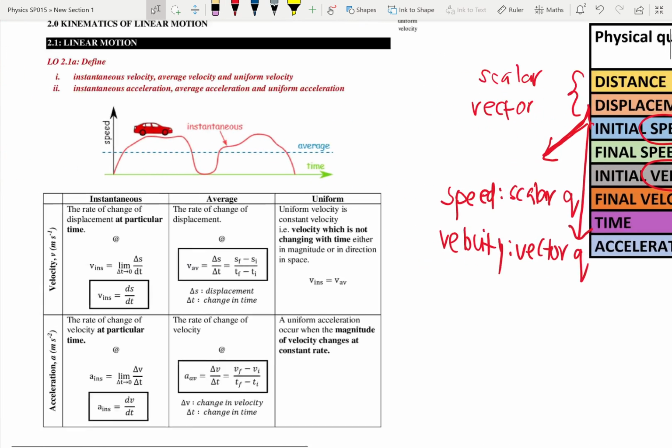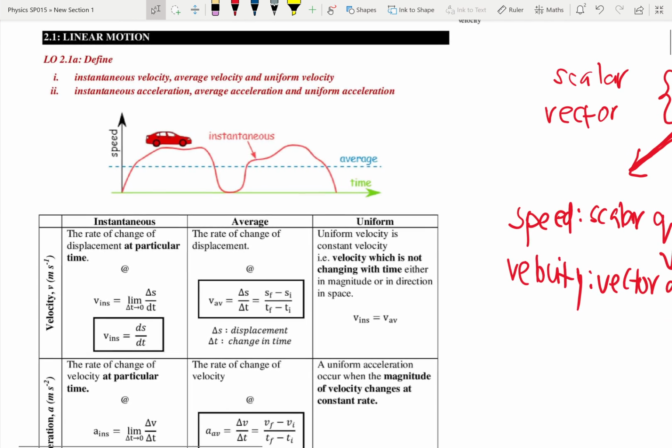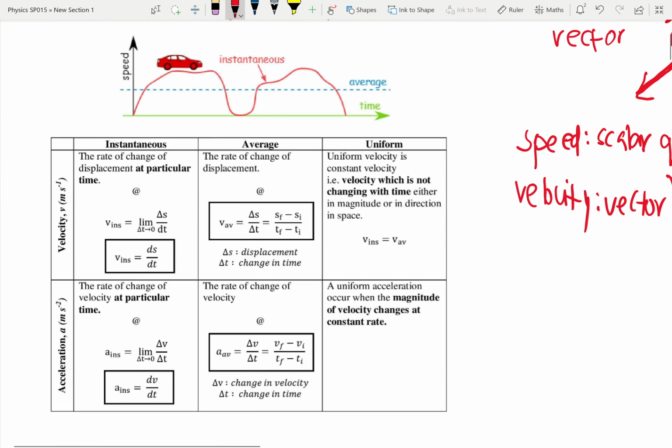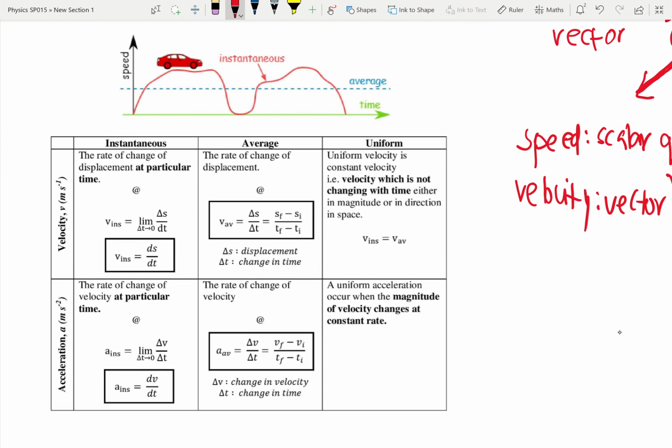Now we want to learn learning outcome 2.1a: define instantaneous velocity, average velocity, and uniform velocity. The definition of instantaneous velocity is the rate of change of displacement at a particular time.